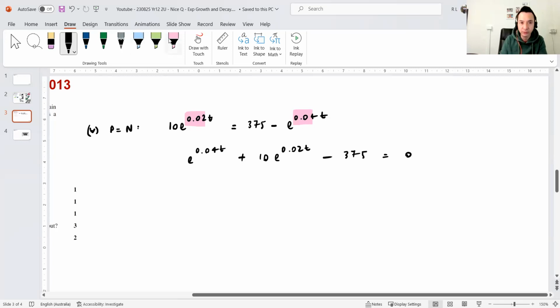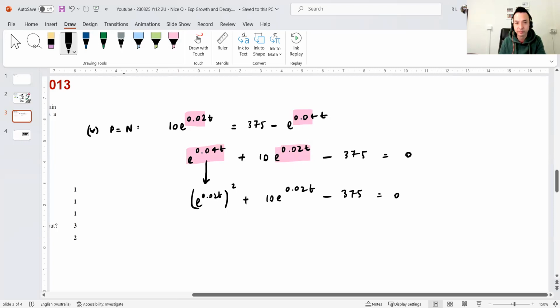Now, this is almost like a quadratic, because e^(0.04t) is actually (e^(0.02t)) squared, isn't it? It's a really nice quadratic. And I'm hoping, I'm not certain, that 375 can be factorized. I think it can be.